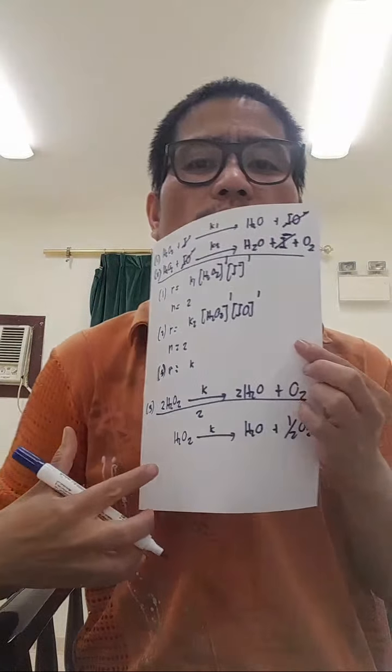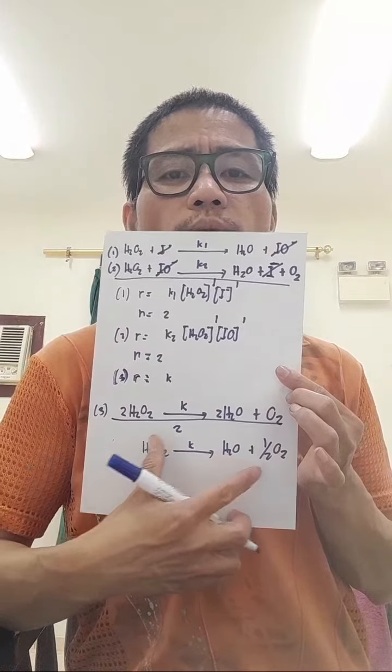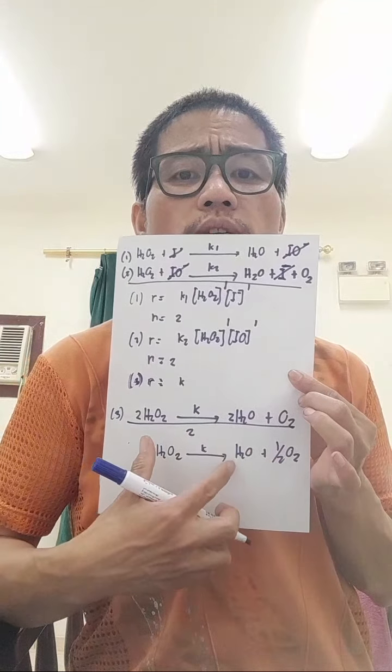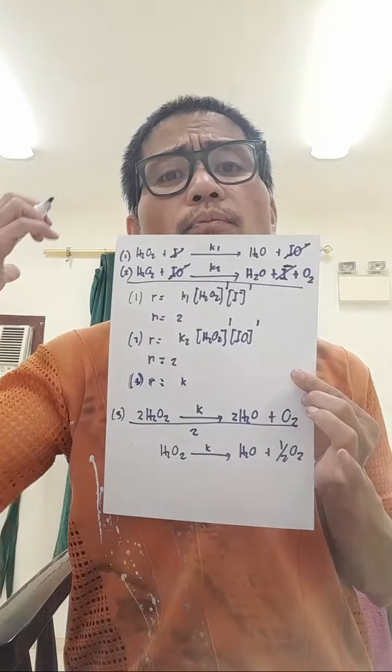So this is the final reaction. The final reaction will be H2O2 equals H2O plus 1/2 oxygen gas, like this, dividing by 2 to make it simpler.